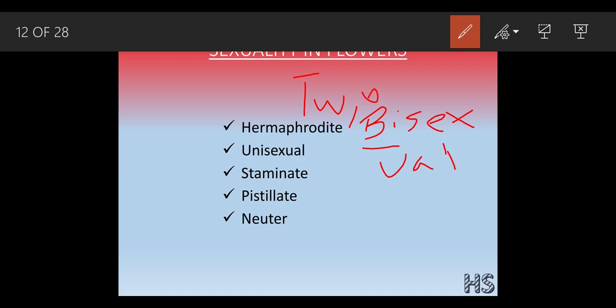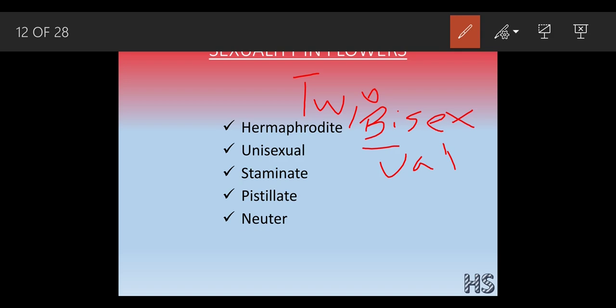It has both male and female parts. A flower is a male as well as a female. So they are hermaphrodite or bisexual in nature, and these flowers are also considered as the perfect flower.